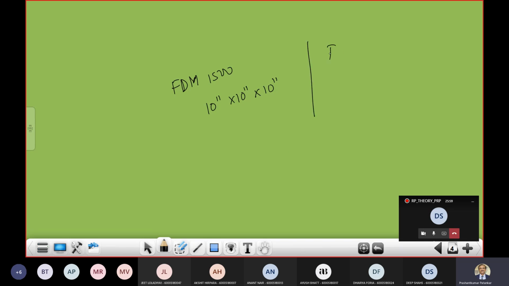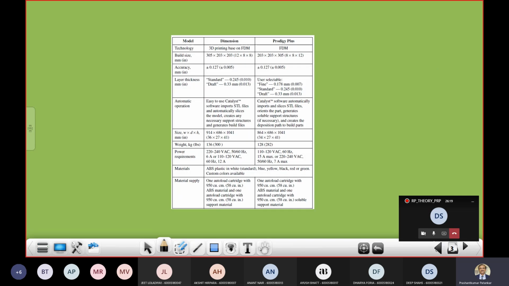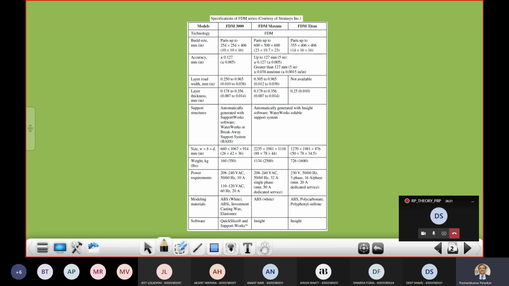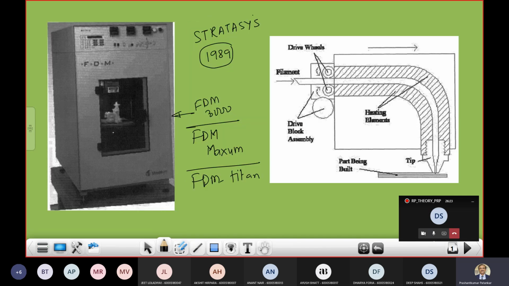On the other hand, the FDM 8000 and the Quantum can build parts of maximum size 24 inches by 20 inches by 24 inches. So this is about the dimensions of the parts made using these machines.